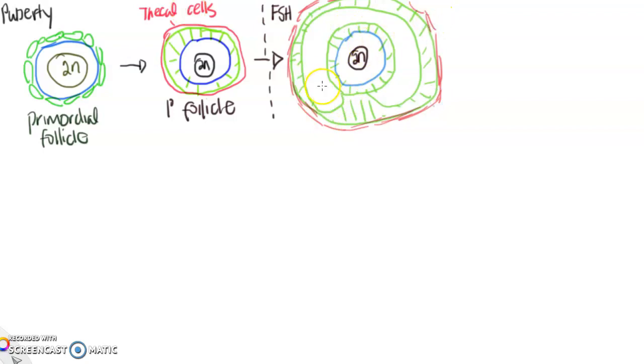And then something else occurs here, and that FSH stimulates the production of another layer of cells, sort of, okay? And this layer is in here, inside here around our little primary oocyte. And this layer of cells is called the Zona Pellucida.